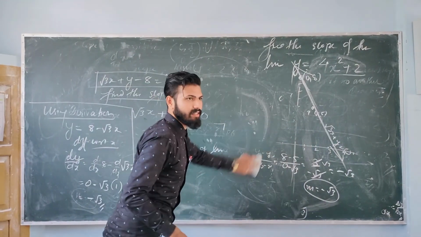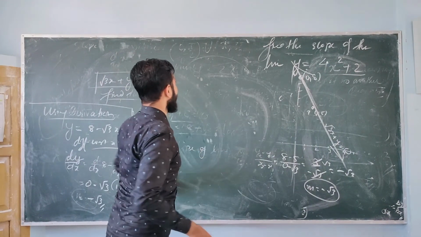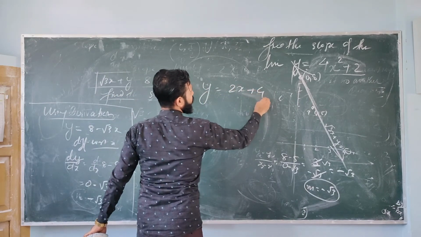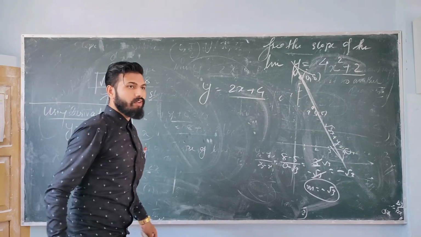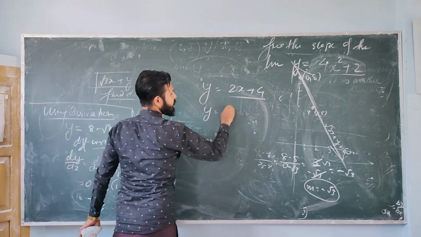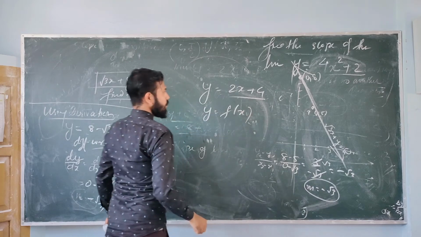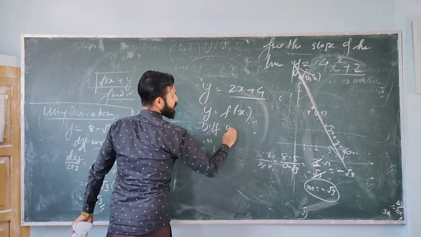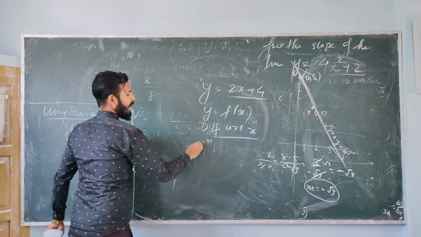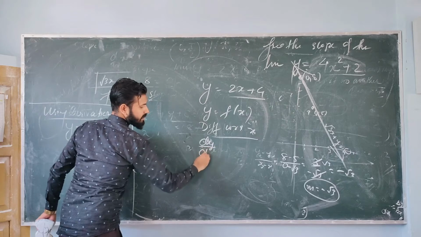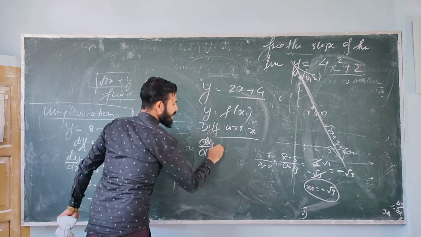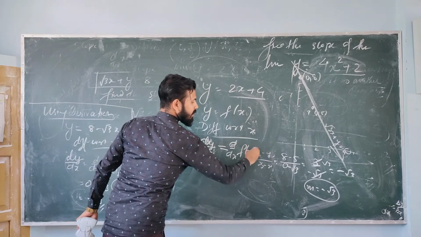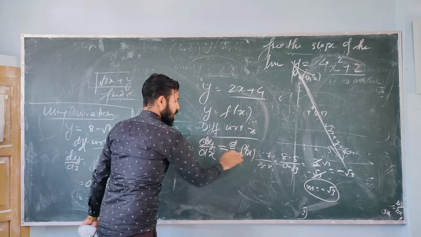We know that y equals, suppose, 2x plus 4. If you have to differentiate, we can also write y equals f(x). So how to write differentiation? If I write derivative with respect to x, we write dy/dx. We can also write y means d/dx of f(x), same meaning, because f(x) is y only.